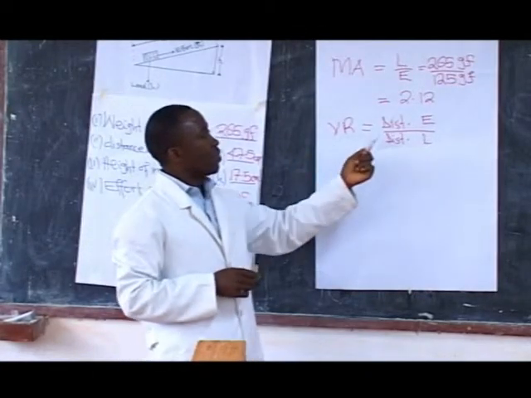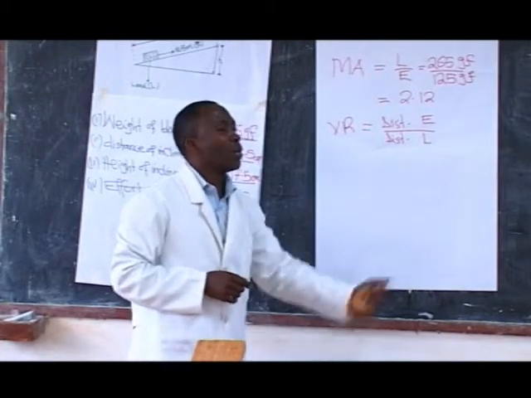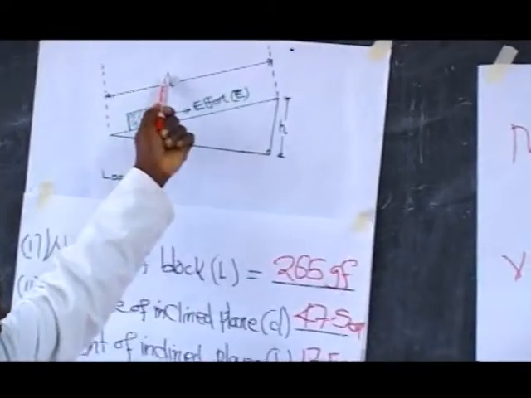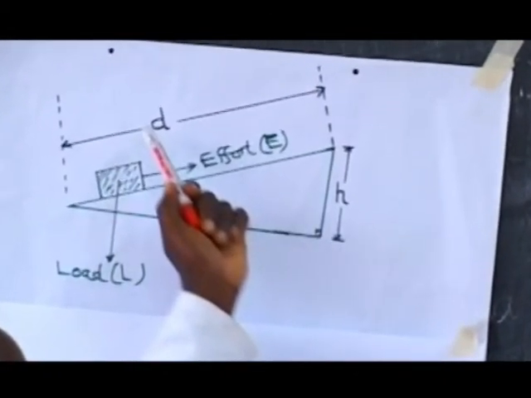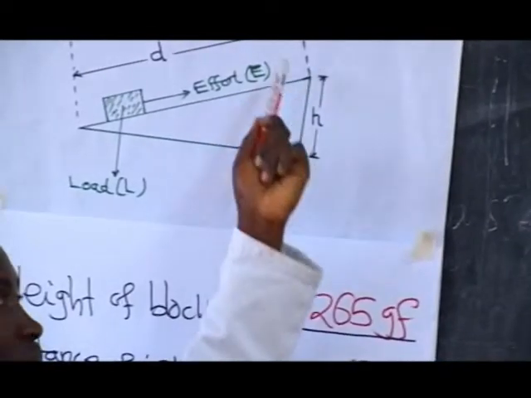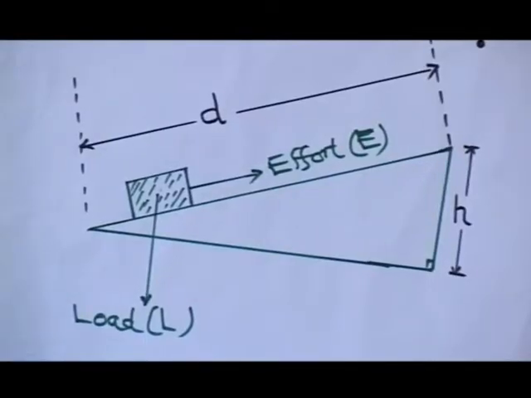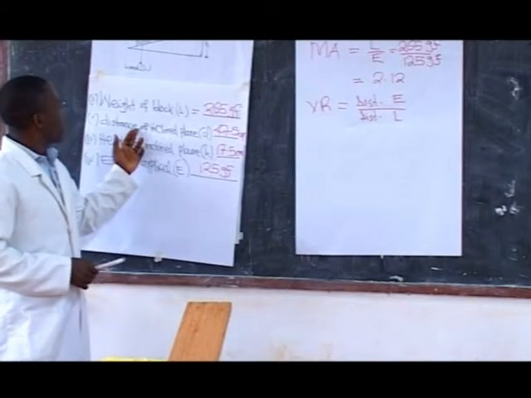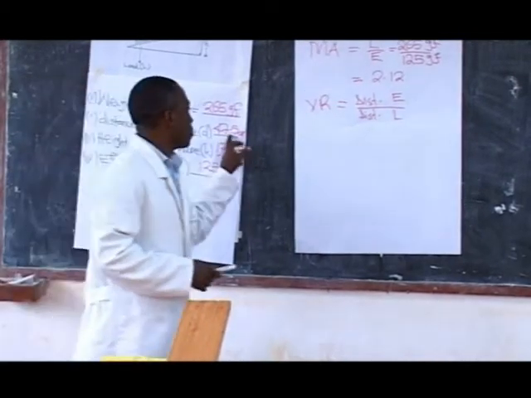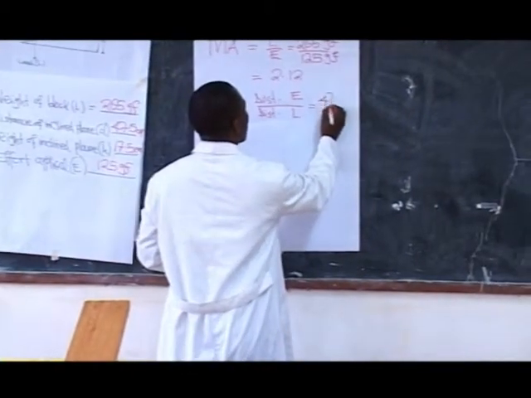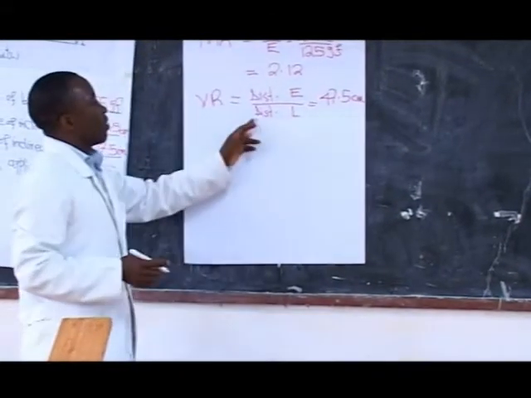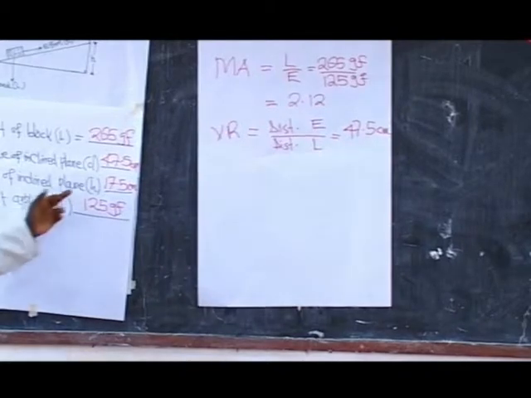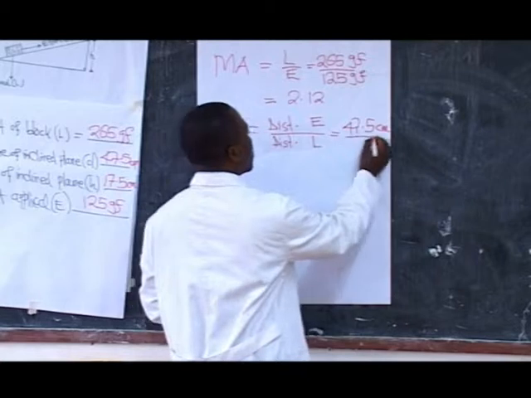Velocity ratio is the distance moved by effort over the distance moved by load. The distance moved by effort is the length of the inclined plane, that is D, and the distance moved by load is the height of the inclined plane, that is H. From the experiment, the length of the inclined plane is 47.5 centimeters and the height is 17.5 centimeters.